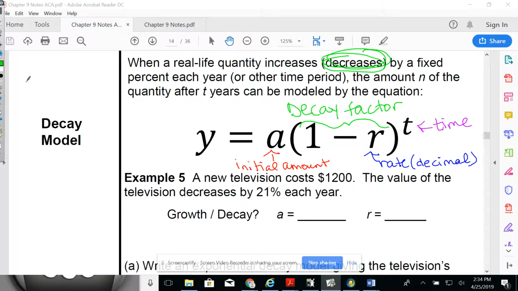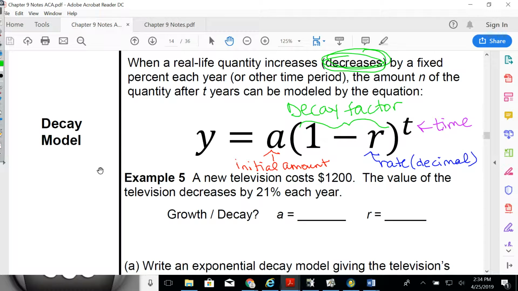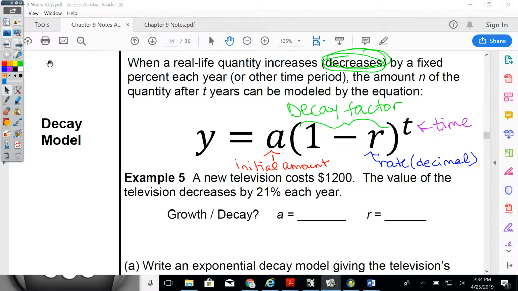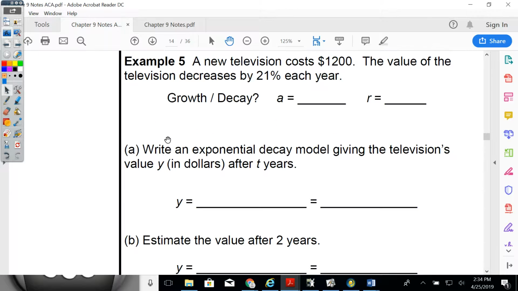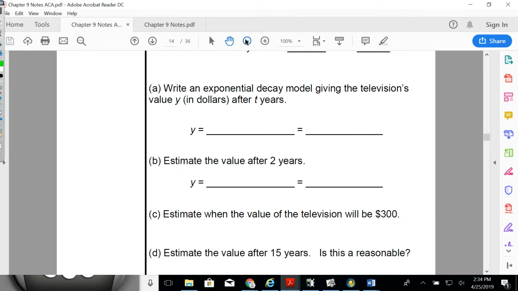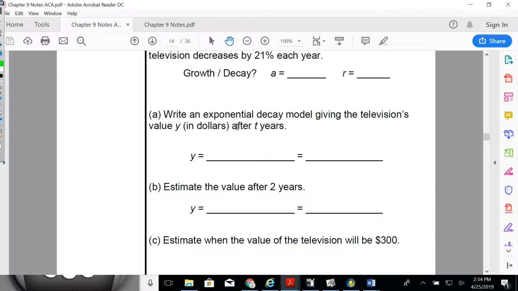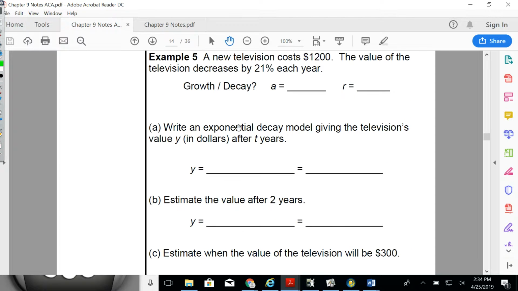So looking at our first example, it says a new television costs $1,200. The value of the television decreases by 21% each year. So we need to first write out our formula.